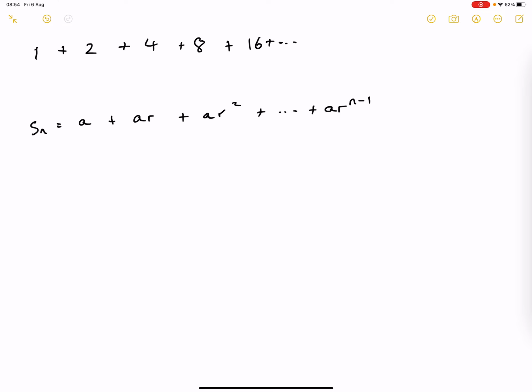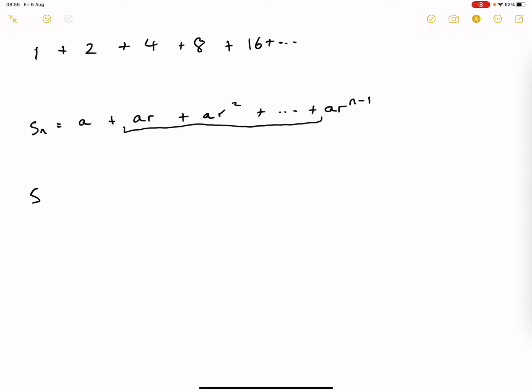What we want to get rid of are all these terms in the middle, because I don't want a dot dot dot in the middle of my formula, and I don't really want an n minus 1 in my formula either, as it doesn't look neat.